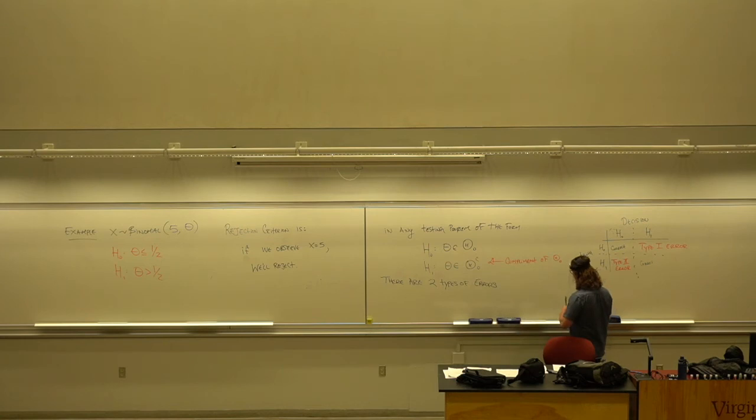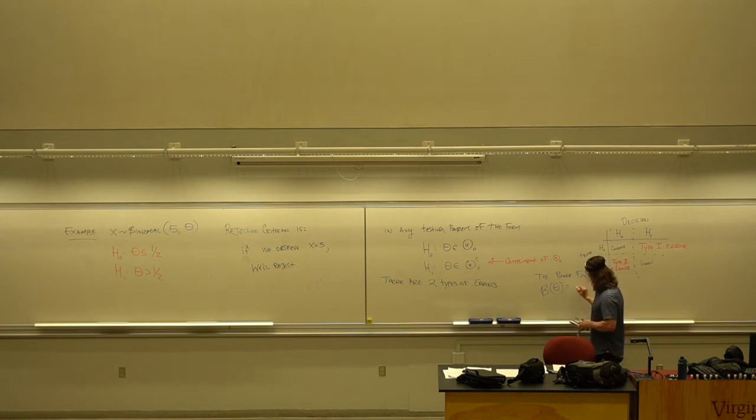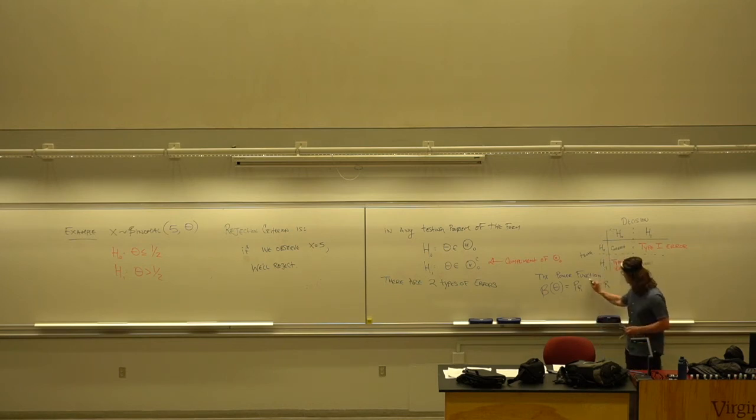So I'm just going to write down the power function. I'm just going to write it down as beta theta. It's going to be a function of whatever theta is. This is just going to be equal to the probability that X is a member of the rejection region, given theta.